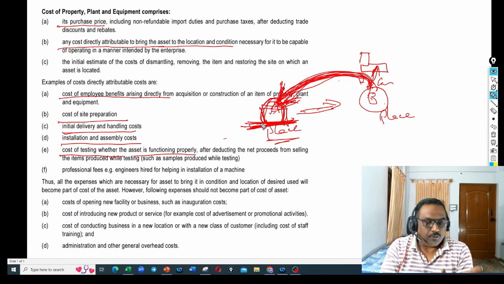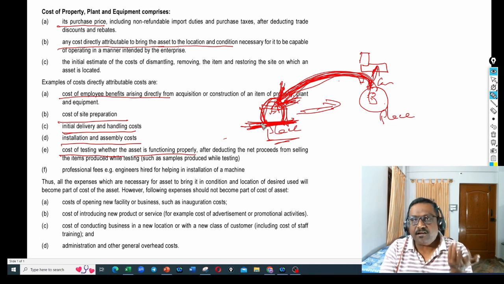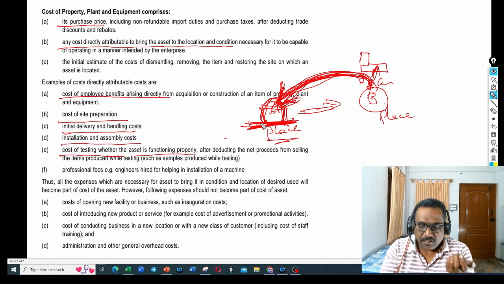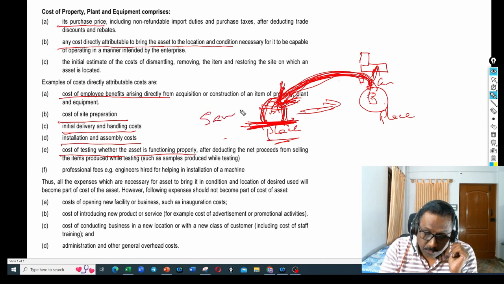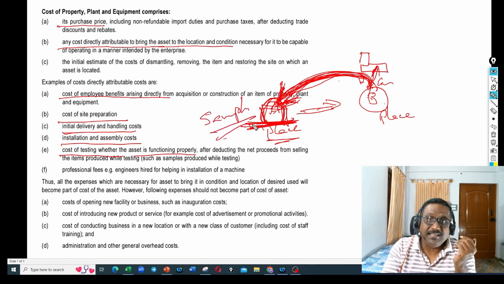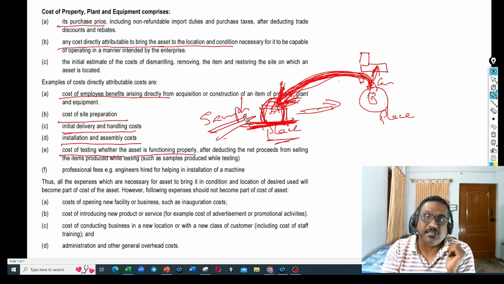Those products are called sample products because they are being produced to test the machinery. Whatever sample products you produce, you might sell them. If you sell those products and realize some amount from selling, that has to be reduced from the cost. The amount realized by selling those samples has to be reduced from the cost.